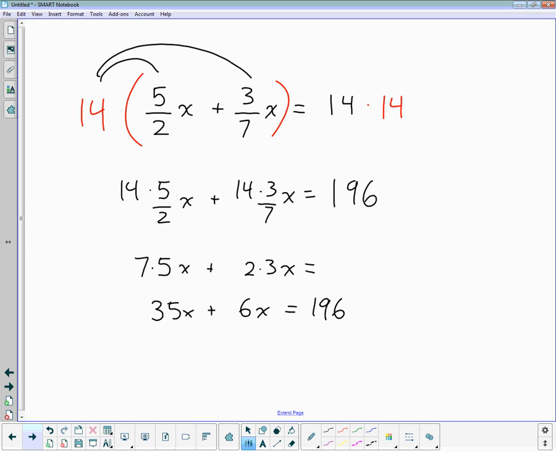And now we're just dealing with simple, smaller numbers. Now that's an ugly looking fraction, but we're okay with it because we're done at this point. Okay.